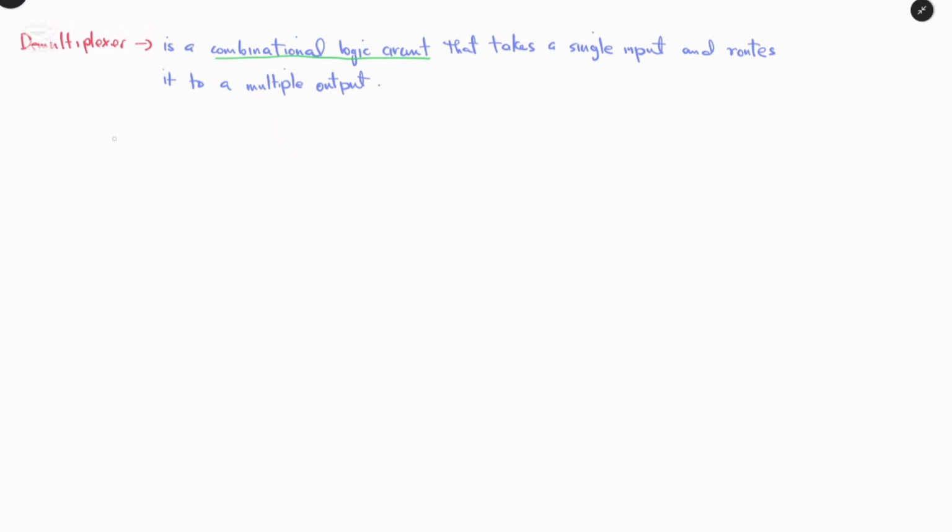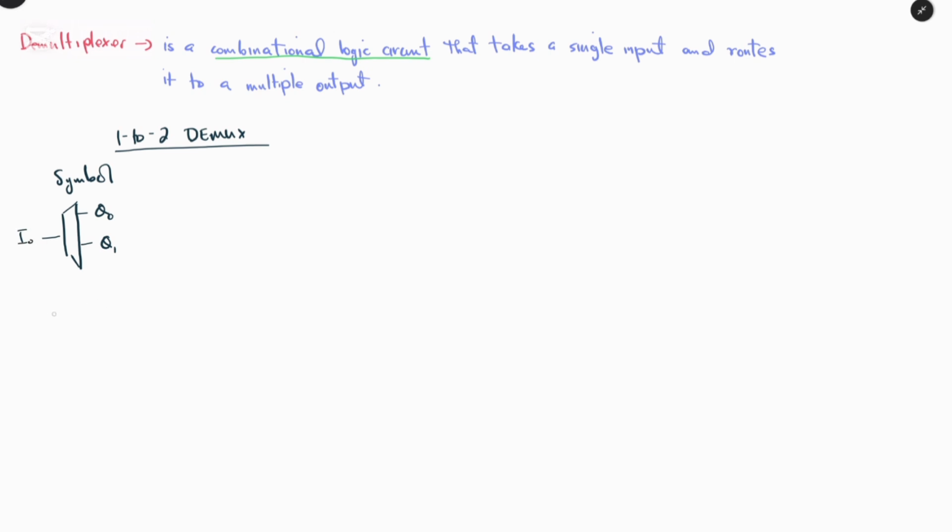So we have now the 1 to 2 DEMUX. The symbol has one input and two outputs, Q0, Q1, and we have I1.